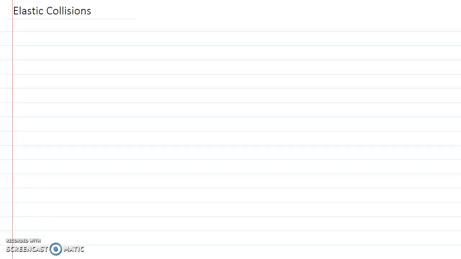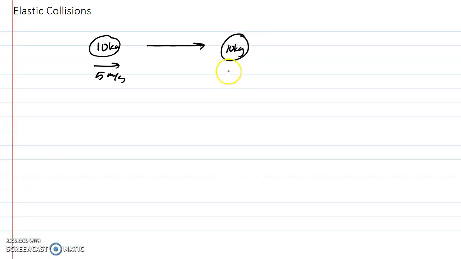Momentum still is conserved, but so is kinetic energy. And so, let's do one example here. We're going to have one mass. We're going to say that this is 10 kilograms, and it's going to be going at a velocity of 5 meters per second. Now it's going to collide with another ball that is also 10 kilograms, but it is not going anywhere.